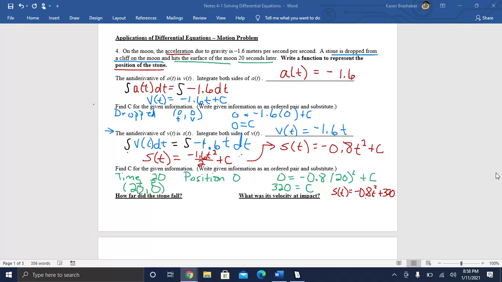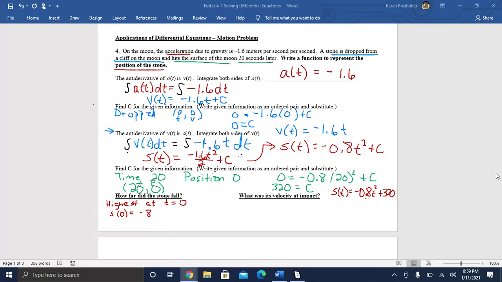So one question that we need to find out is, how far did the stone fall? Well, since it fell from the cliff, the highest that the stone would have been would have happened at time 0. So at time 0, the stone was at its highest position. So if we plug in 0 for the time into the position, we would be able to find that out.